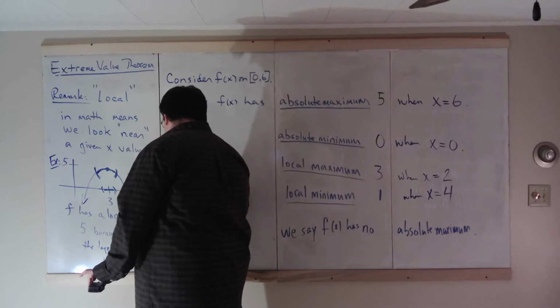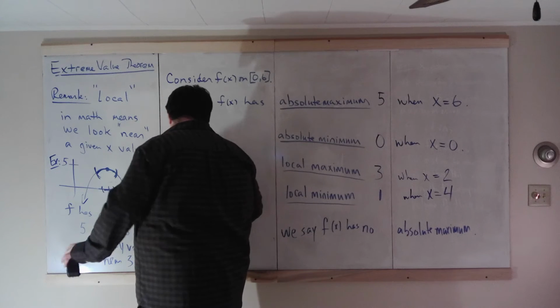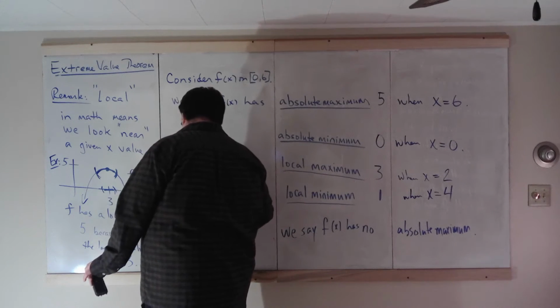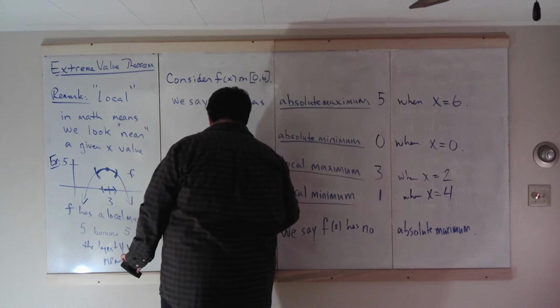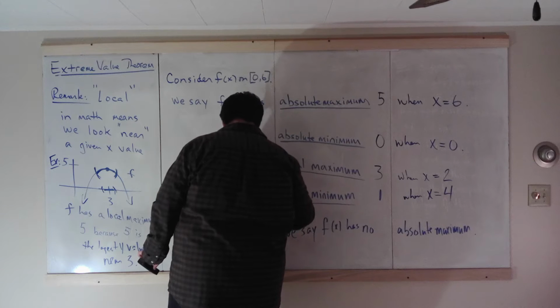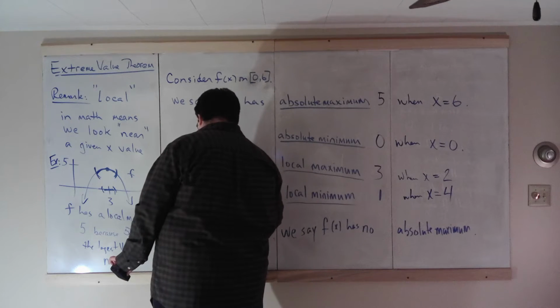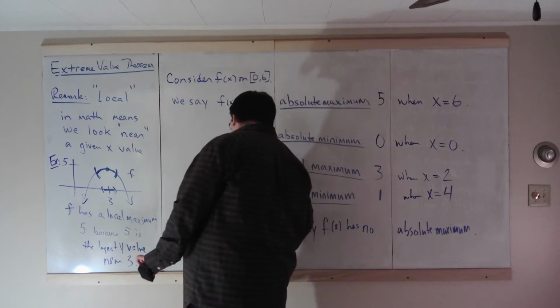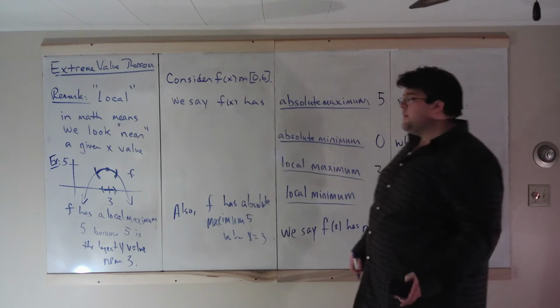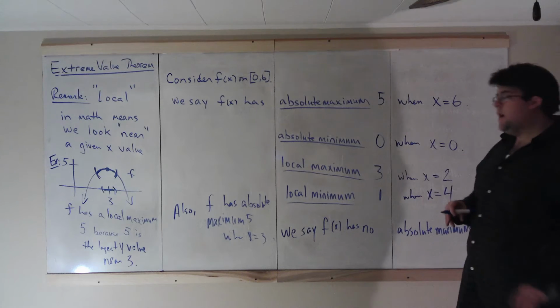I'll just say also f has absolute maximum 5 when x equals 3. So in that case, absolute maximum on the entire real line.